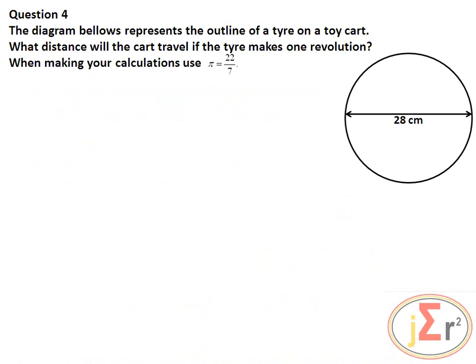So here we are, and we are required to make the calculation, and we are emphasizing the distance that the car travels for one revolution of the tire. Around it once, that's one revolution.